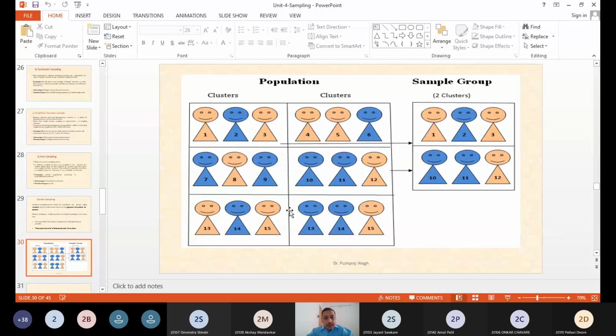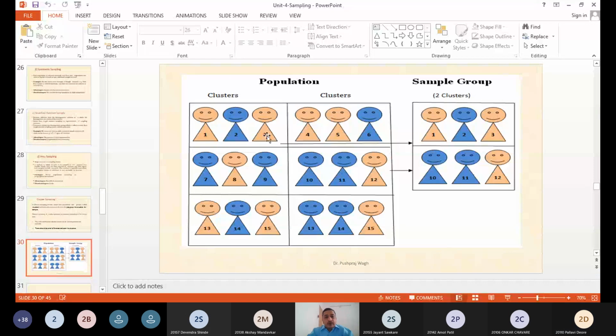Two different clusters may look similar. However, within the cluster, they will be dissimilar. Within the group, the individuals or respondents will be different. However, collectively, all the clusters will look similar, homogeneous. So between the clusters they will be homogeneous, but within the cluster they will be dissimilar. Are you getting this? Yes, sir.